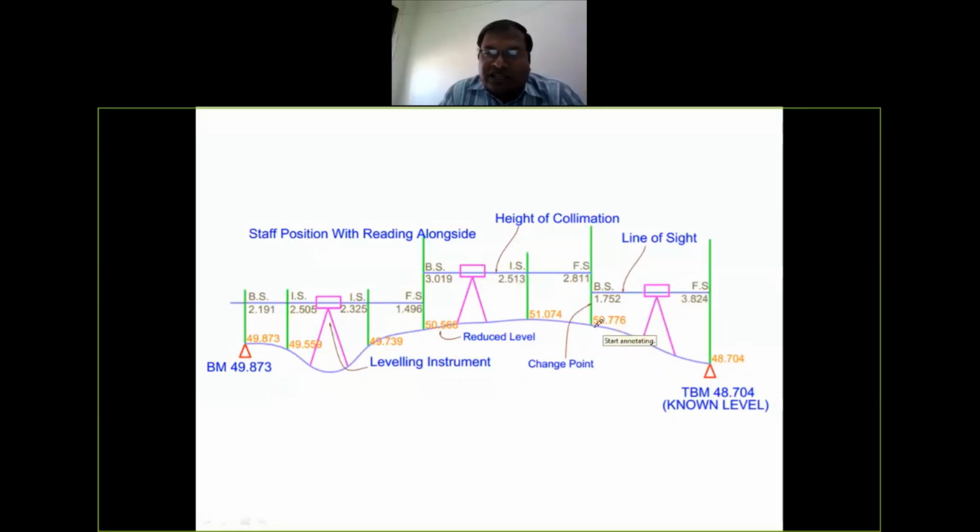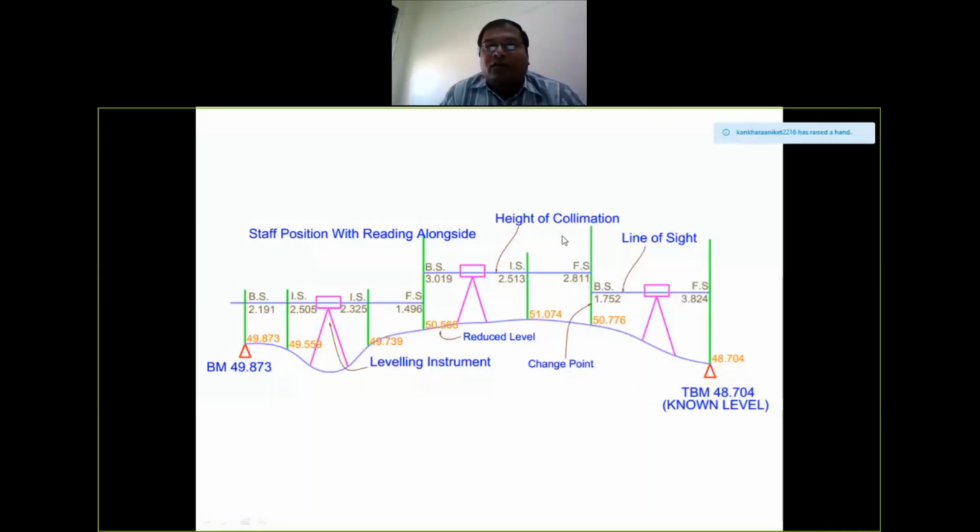So here you have to take the RL of change point plus backsight, you will get the new height of instrument. Once you get the new height of the instrument, from here to here, it is called the new height of instrument, you have to deduct your foresight value, you will get the RL of this particular point, that is 48.704. So this is the general procedure that we generally follow when we perform the leveling operation.